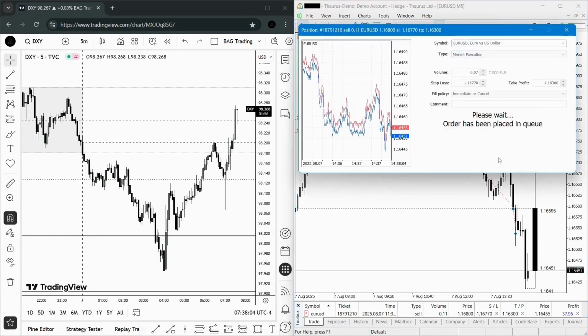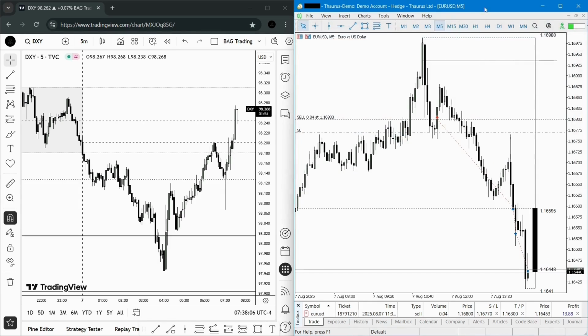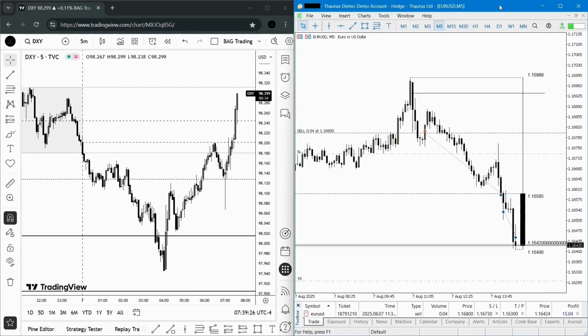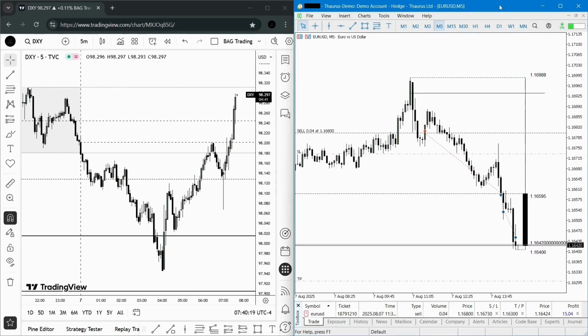Once again, I take another 10% of the trade off for partial profits as it's presented to me, and then I leave the rest of the position for my take profit order at 50 pips.